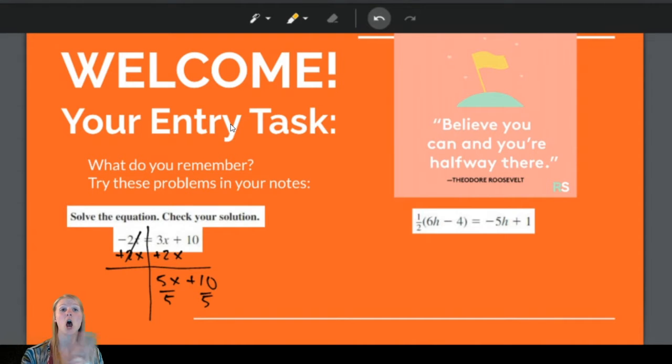No. No, no, no, no, no. You cannot do that. What starts with an equal sign must end with an equal sign. You cannot get rid of the equal sign, because now you don't have an equation anymore, you have an expression.